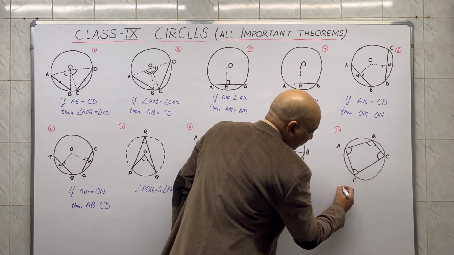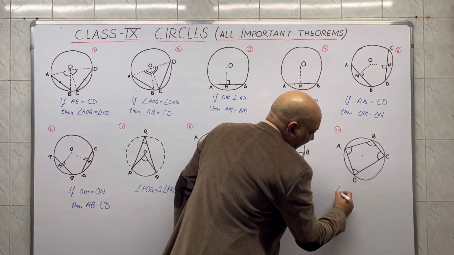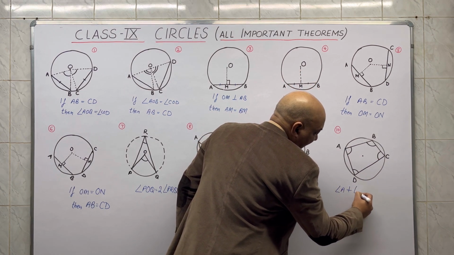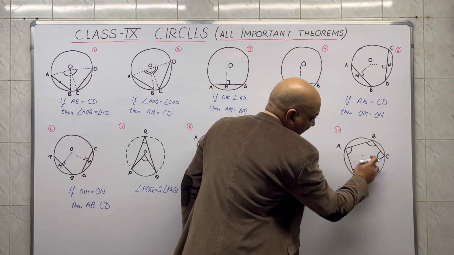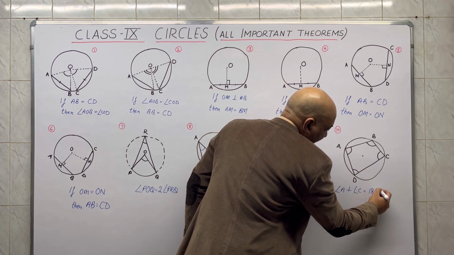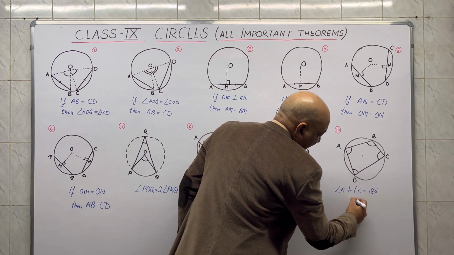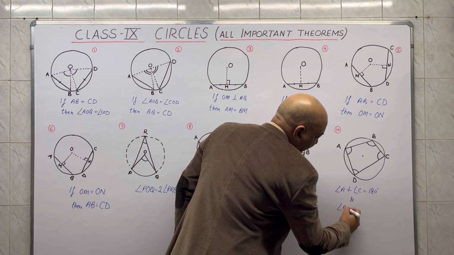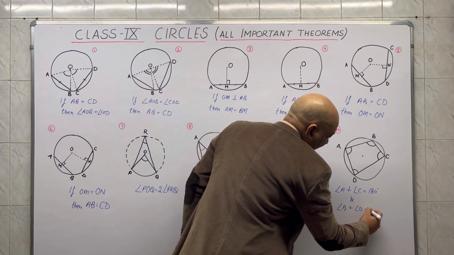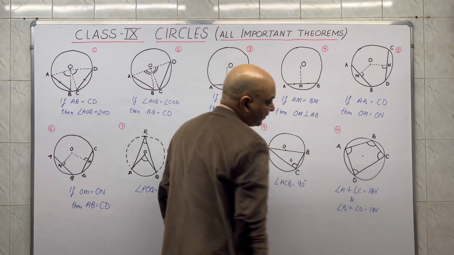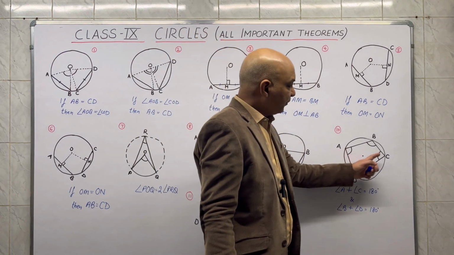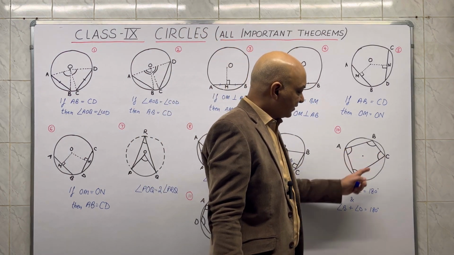So in a cyclic quadrilateral, either pair, that is A and C का sum 180 degrees, as well as angle B and D का भी sum 180 degrees. The sum of either pair of opposite angles is supplementary.